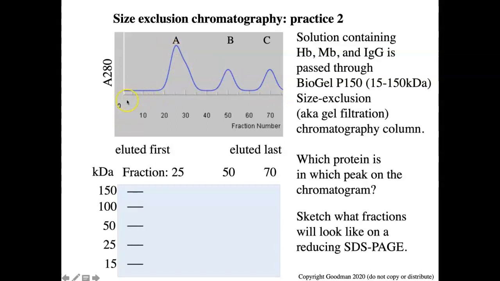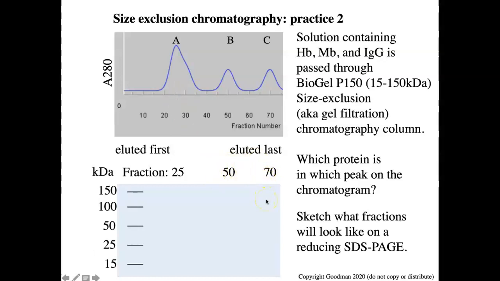The earlier peaks have lower fraction numbers. The peak that came off last will have a larger fraction number. Okay, and also, could you sketch what you would see on SDS-PAGE if you took fraction 25, fraction 50, and fraction 70 and ran them on the gel?